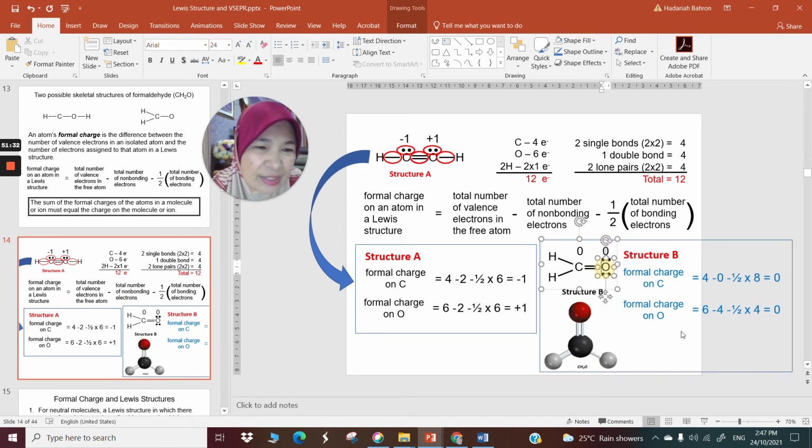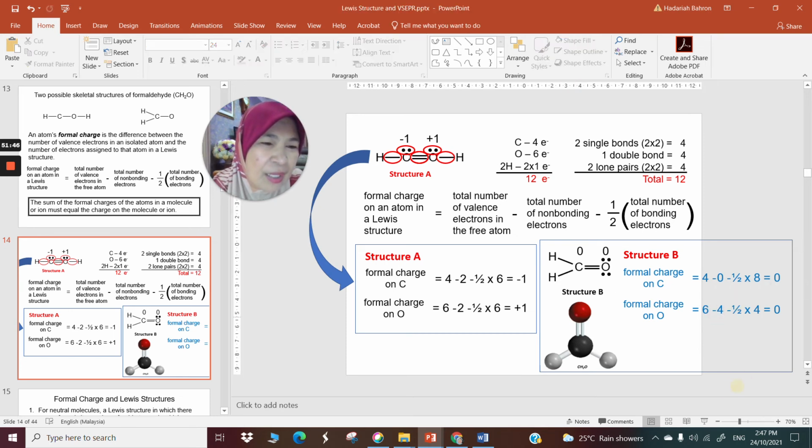What about your oxygen? It is 6, the number of valence electrons in the free atom of oxygen, minus 4. Why 4? Because you see there are 4 dots there, non-bonding. Minus half of 4 electrons: 1, 2, 3, 4 for the double bond of the oxygen.